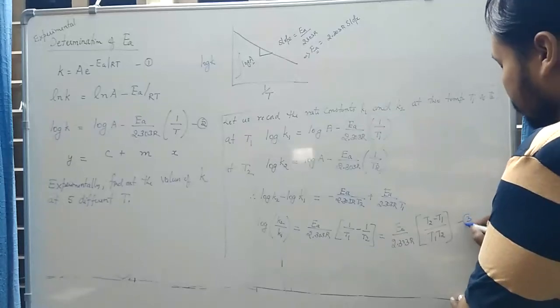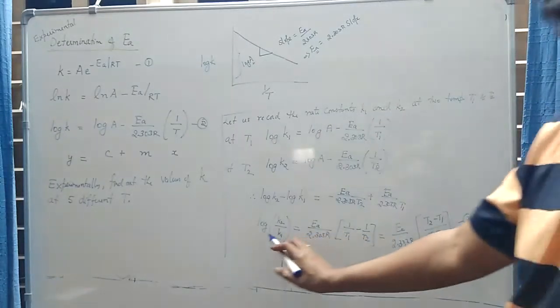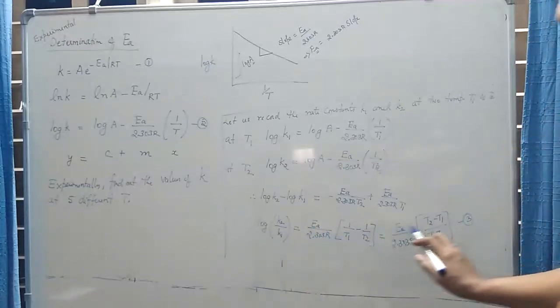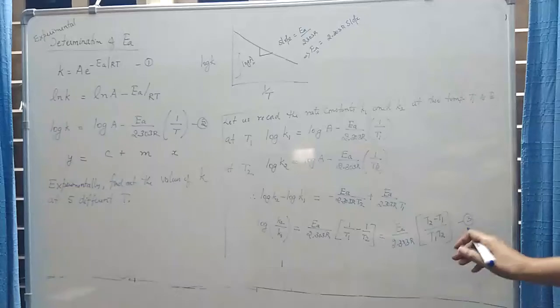So this is another form of writing the Arrhenius equation at two different temperatures. Log of K2 by K1 is equal to EA divided by 2.303 R into T2 minus T1 divided by T1 into T2. So this is another form of writing the Arrhenius equation at two different temperatures T1 and T2.